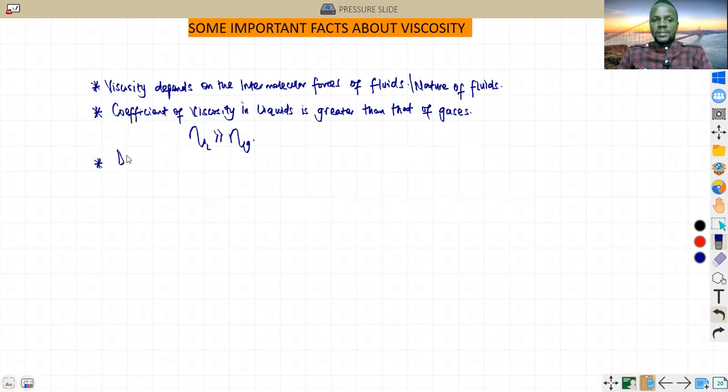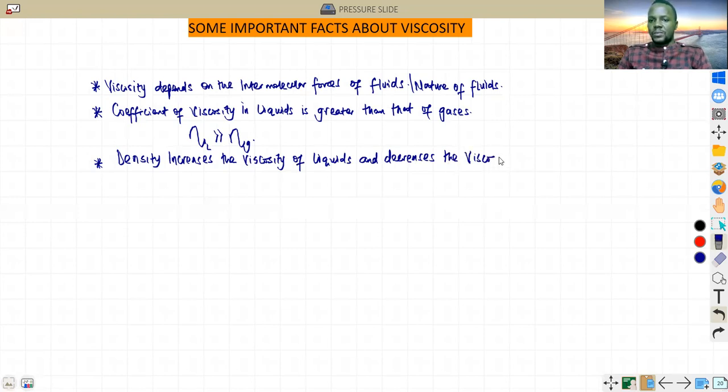We can say the density, which is written as DEN, increases the viscosity of liquids and decreases the viscosity of gases.